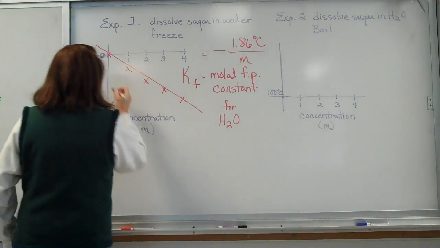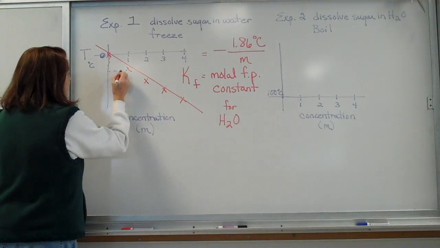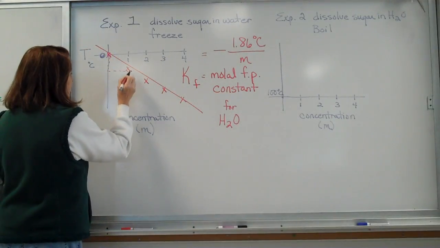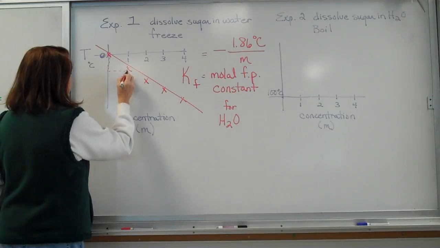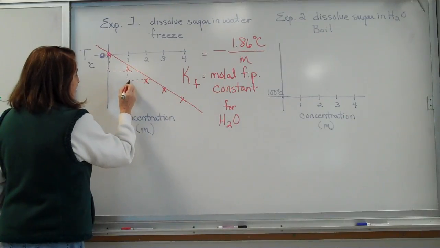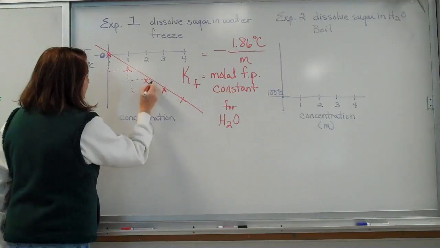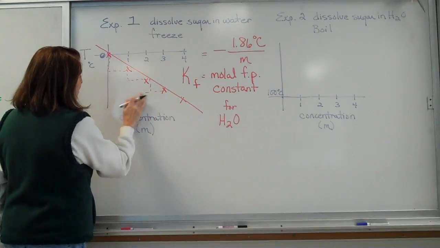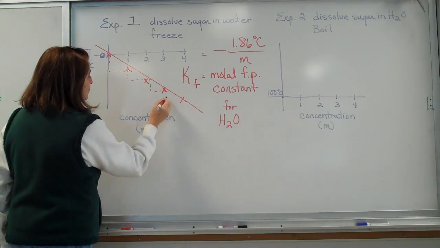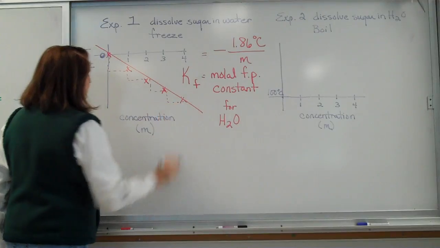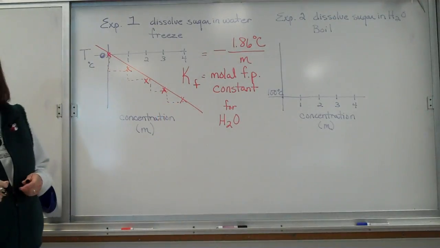In other words, for every 1 mole of concentration, the freezing point is going to be lowered 1.86 degrees, a constant value.